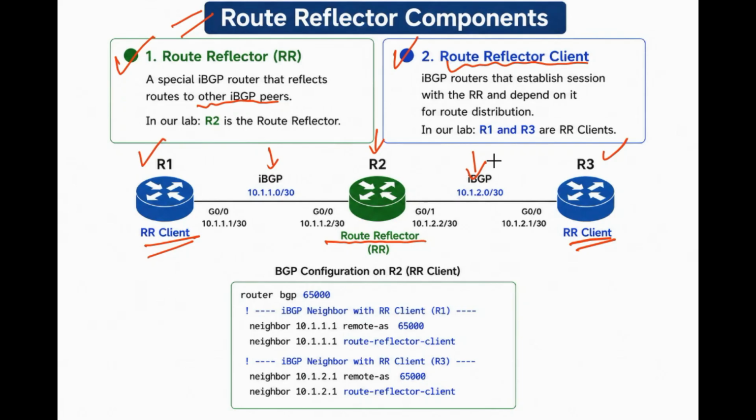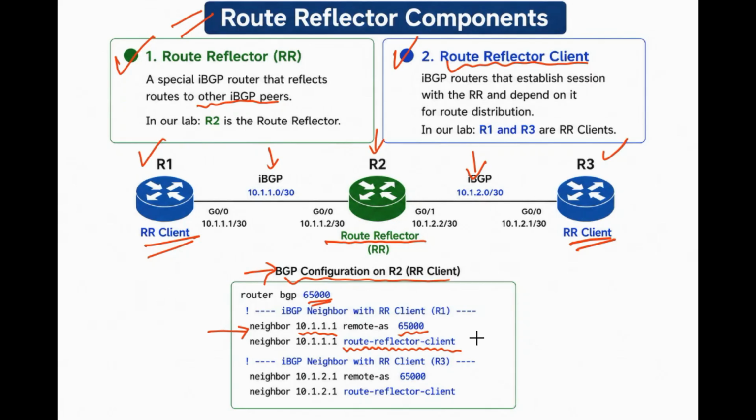R1 and R3 don't need a direct iBGP session with each other when route reflection is being used. Now look at the BGP configuration on R2, which is the route reflector. You can see that we are running BGP with AS number 65000 on R2, and we have a neighbor command. For example, for the R1 router, we have 10.1.1.1 and the remote AS is also 65000 because it's an iBGP. The next very important command is neighbor 10.1.1.1 route-reflector-client. So this command is very important.